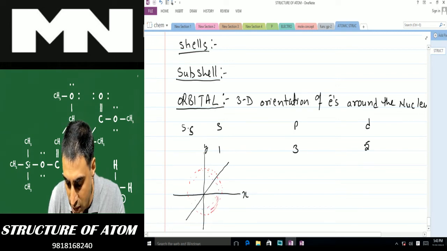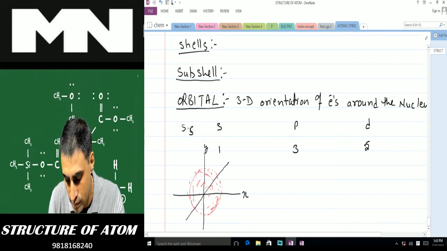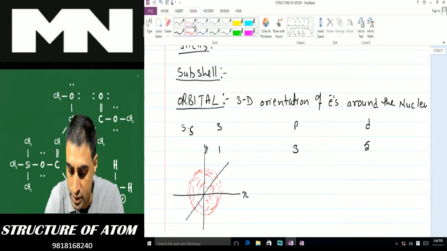So S subshell appears somewhat like this. It is roughly spherical around the nucleus. So this is how the S subshell will appear. It has a spherical cloud around the nucleus.